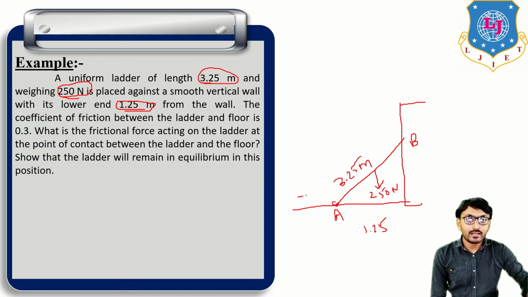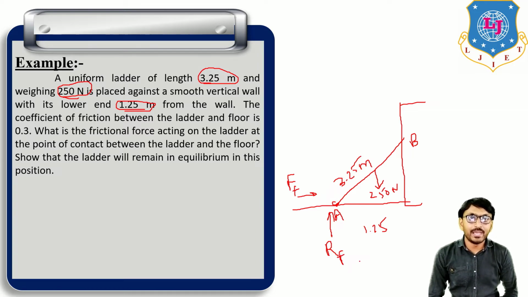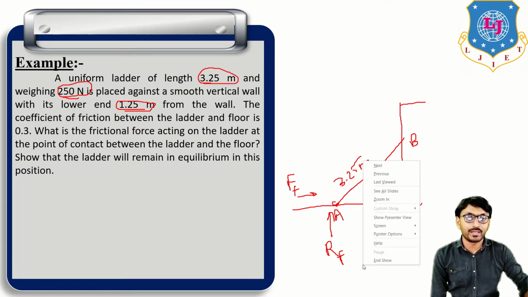Now at point A, there are two reactions. First, FF, the force of friction at point A, and second, the reaction in this direction, RF. And we know the weight of the ladder acts in vertical direction, 250 Newton.